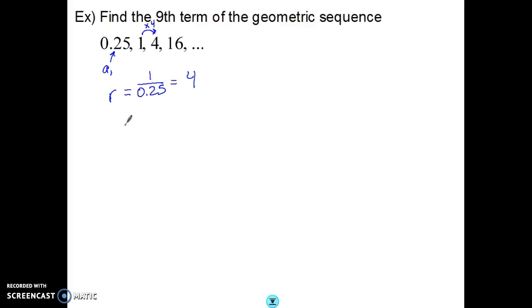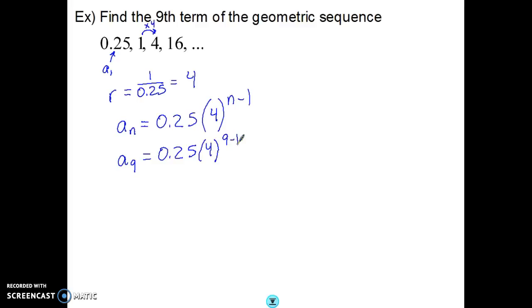Now we can go ahead and start filling our rule. A sub n is equal to a sub 1, which is 0.25, times r, which is 4, to the n minus 1. Specifically here, we are asked to find the ninth term, so 0.25 times 4 to the 9 minus 1.